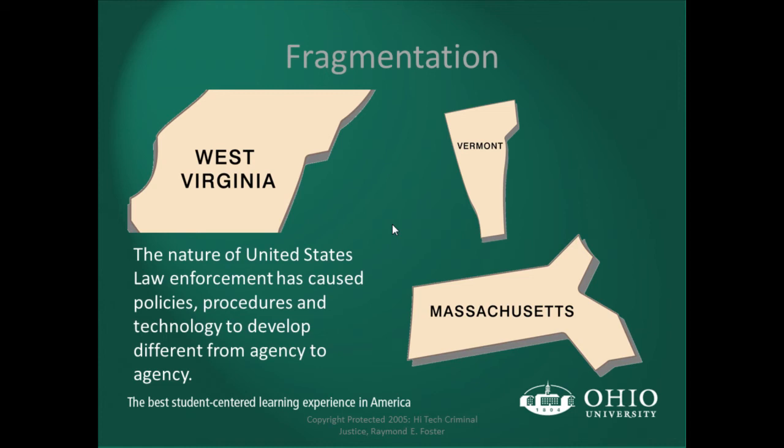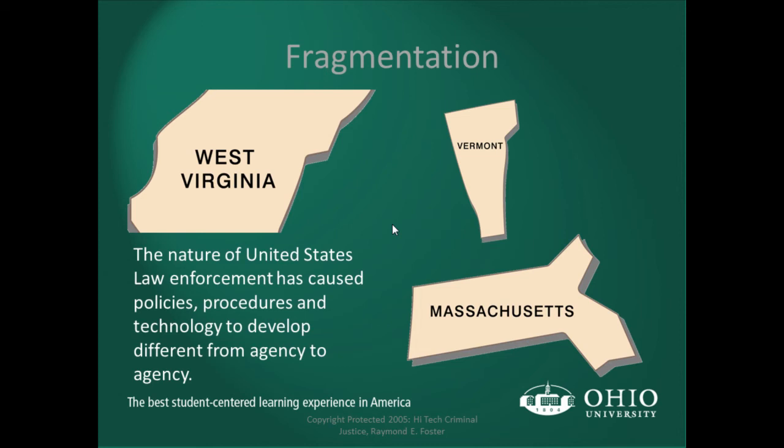Fragmentation. Because there are different jurisdictions and different sets of policies and procedures, that led even more to fragmentation, and the inability to communicate or share information arises because I have a different policy or procedure for this.